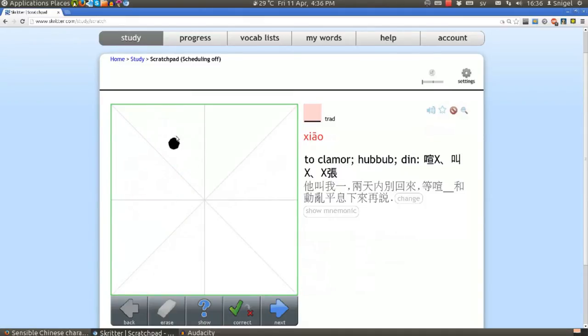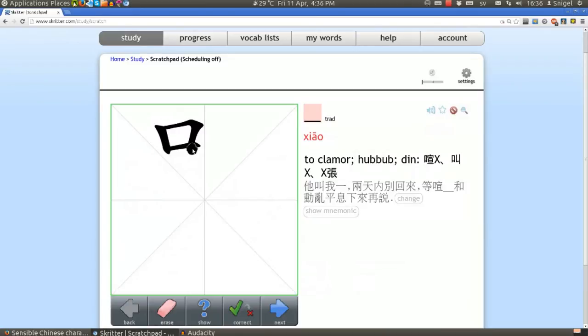And as you saw, when I tried to write this, Skritter automatically helped me by moving the character part to its correct position. And this is very serious in this case, because I actually thought that there was a mouth radical to the left here, like in 宣 over here.